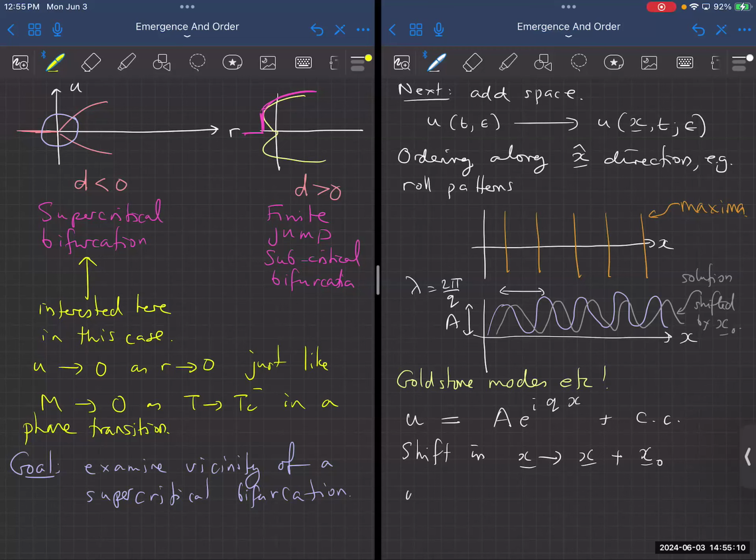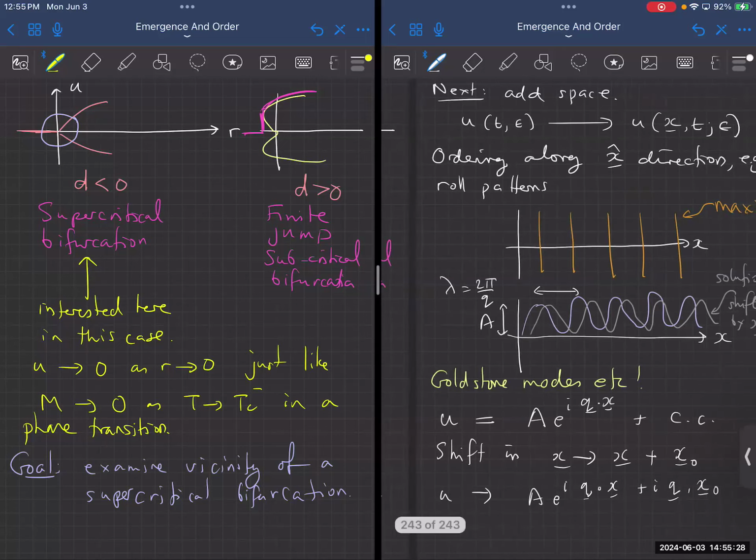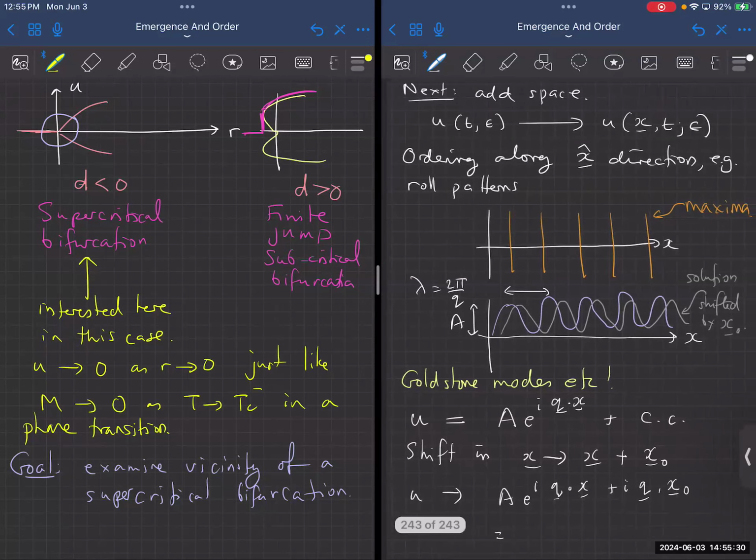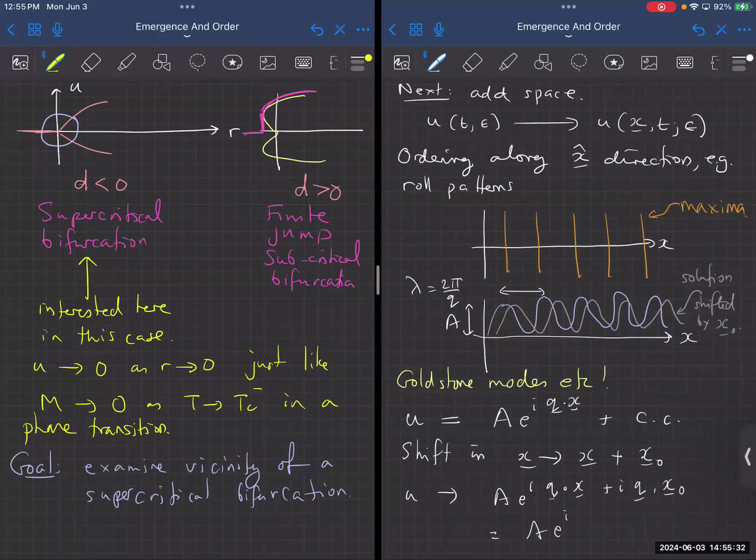Then u goes to A e to the i q dot x plus i q dot x naught, and this is equal to A e to the i q dot x plus some phase shift.